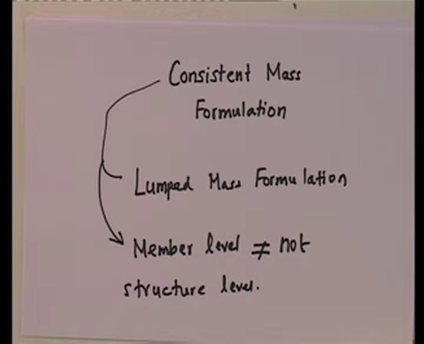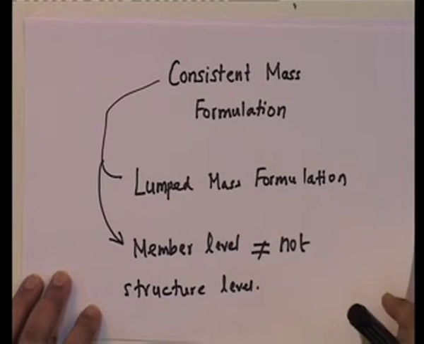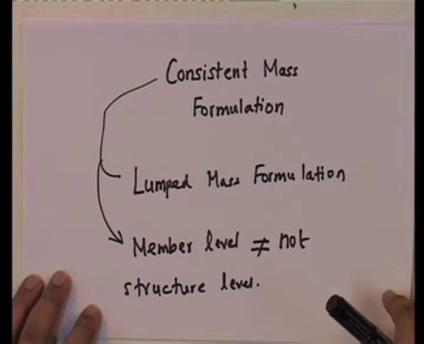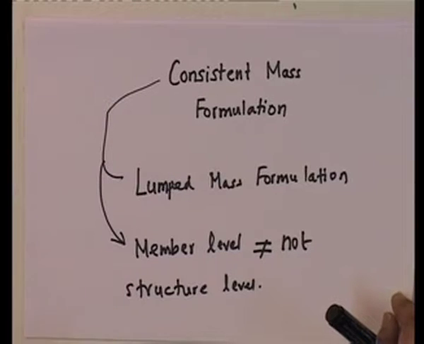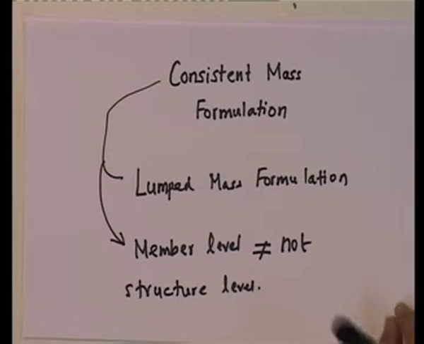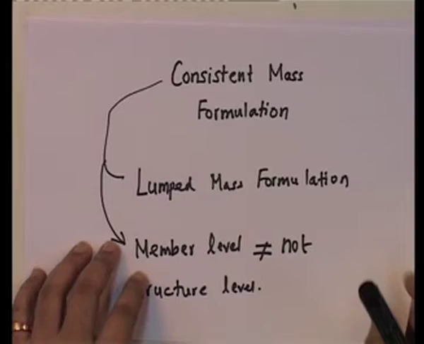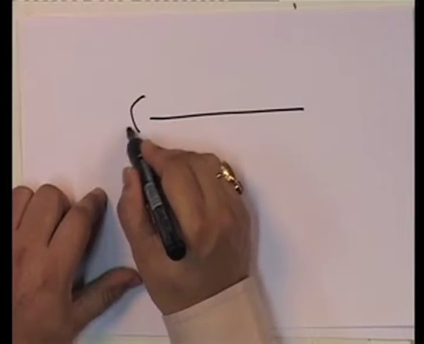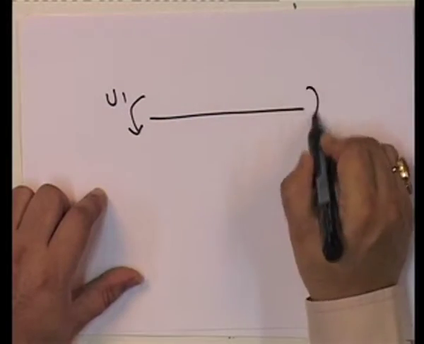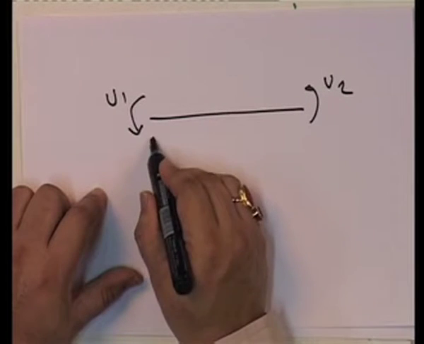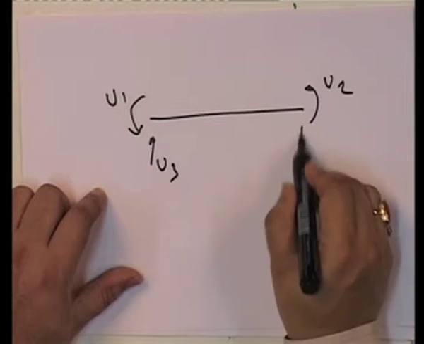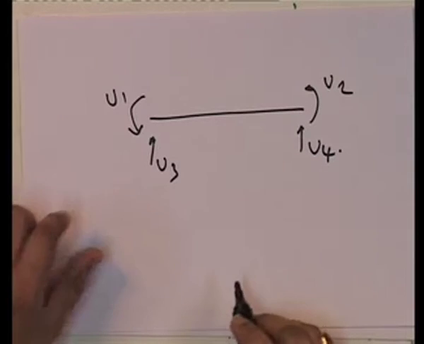So, this we saw, and all that happened was that in the consistent mass formulation you have a full matrix, because at the member level, V1, V2, V3, V4, there are 4 degrees of freedom. Let us revisit that a little bit. At the member level you have V1, V2, V3, V4.